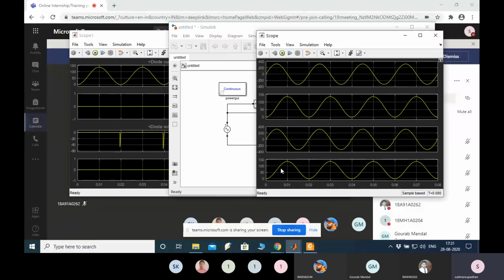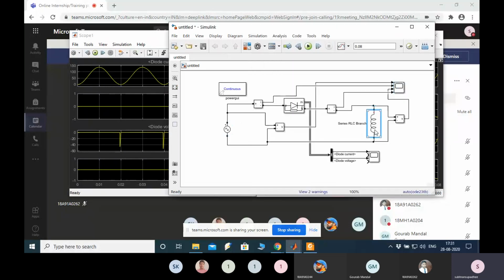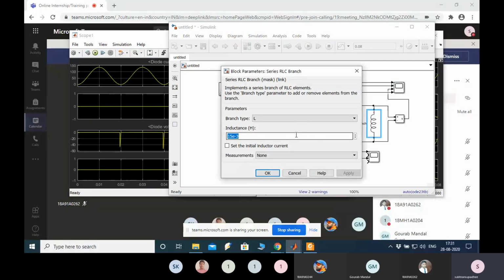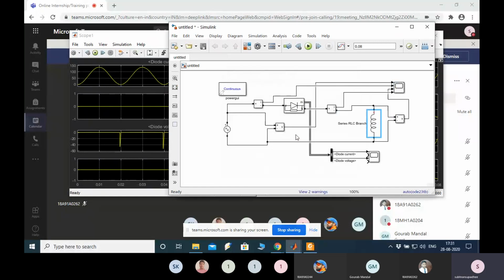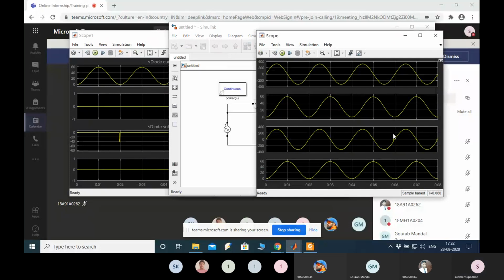As you can see, the load voltage and load current are same, and here you can see a glitch. If you increase the value of inductance, let's suppose 35 Henry, then the glitch will be much more permanent, much more.